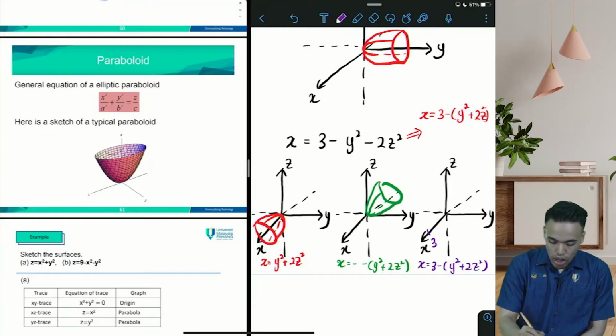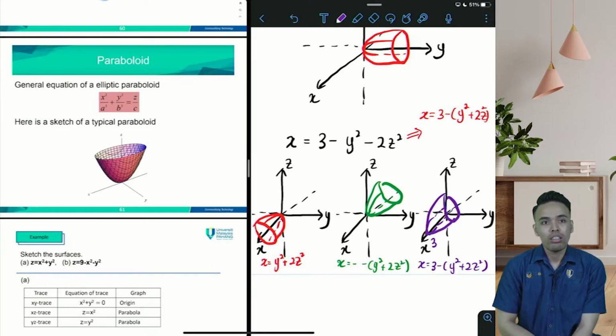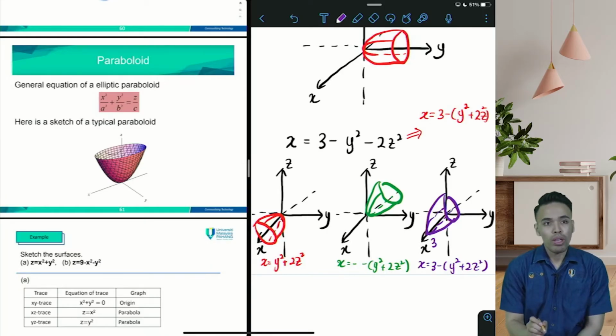So right now, I will know that I will end up getting a paraboloid, and this paraboloid will look like this. Okay, you see the transformation from x is equal to y squared plus 2z squared, and then x is equal to negative y squared plus 2z squared, and then followed by x is equal to 3 minus y squared plus 2z squared.